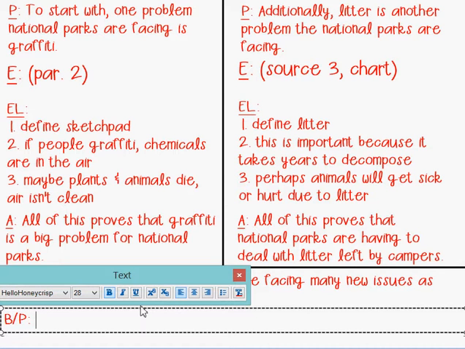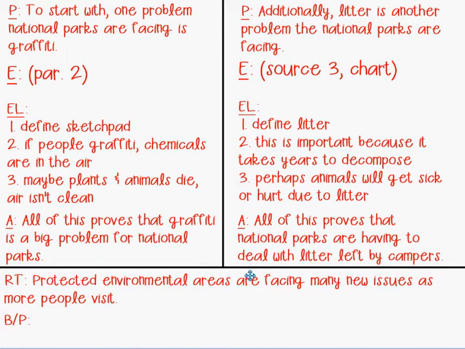So here, what they need to do, it's almost like the RT. They're taking their points or their buckets and they're trying to rephrase them or put them together a little bit. So if I'm talking about protected environmental areas are facing many new issues as more people visit, I need to now explain my 2 points.